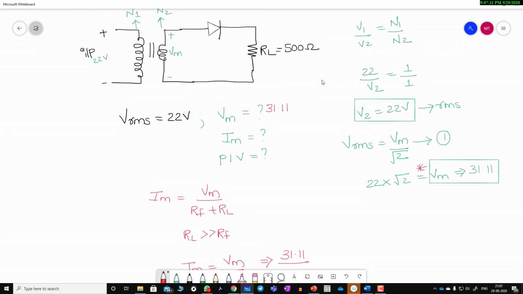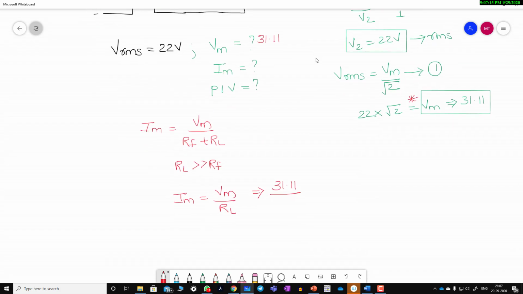Here RL value is 500 ohms. Let us substitute: 31.11 divided by 500. The answer for this is 0.06222. Therefore the Im value is 0.06222. This is the answer for Im.